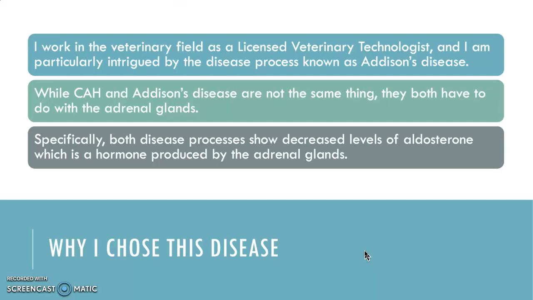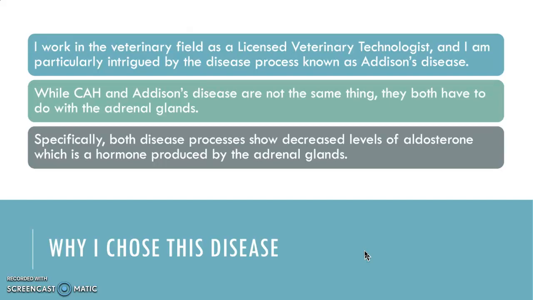If you don't know anything about Addison's disease, it means that we don't have enough of the hormone production coming from our hypothalamus, and the ACTH and cortisol levels are included in that as well. They are not the same thing, but they are very similar in their disease processes. So I thought it was interesting to go ahead and look at congenital adrenal hyperplasia.